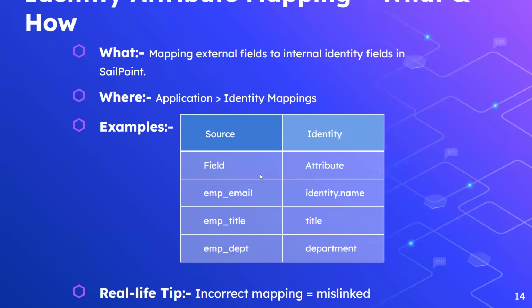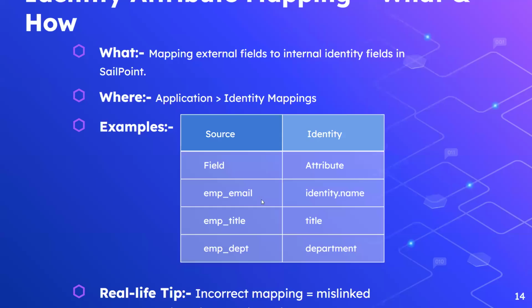Whereas in identity, we call those fields attributes. And instead of employee email, we use identity.name. Instead of employee title, we use title. Employee underscore department, we directly use department. So there is a mismatch of the attributes. Now, if we directly feed that information to our IdentityIQ, it will not understand whether it is email or what it is. It just doesn't know.